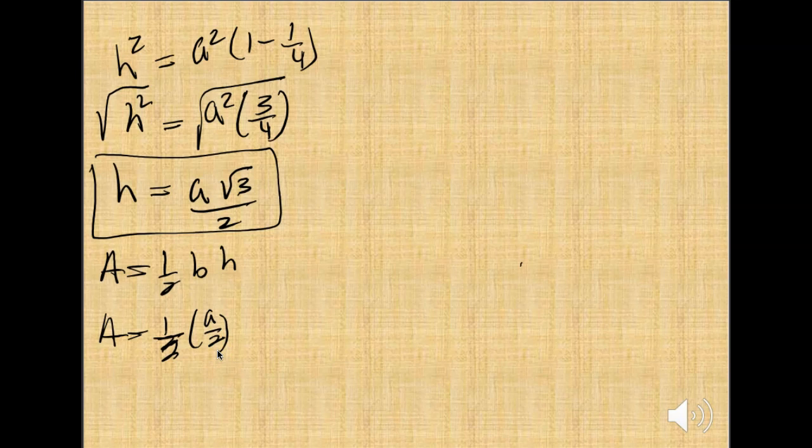And the height is what? Here's the height right there. The height is A over 2 times the square root of 3. Since all of these are multiplication, that's 2, 4, 6. 2 times 2 is 4, and 2 times 4 is 8. So that's A is equal to A squared times the square root of 3 divided by 8.